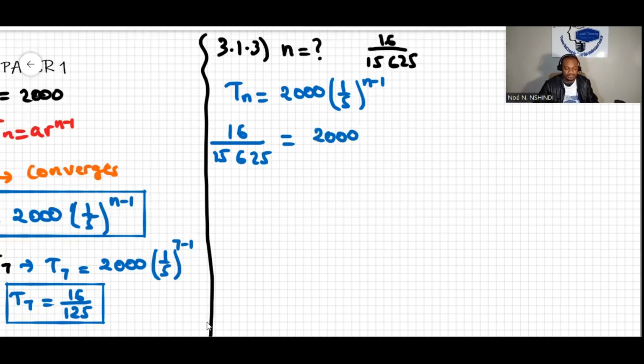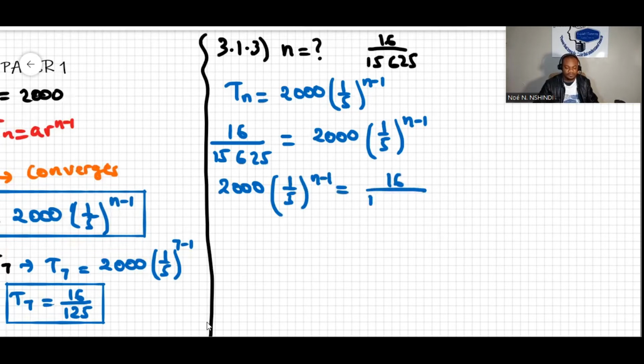In a situation like this, I prefer to keep my unknown on the left. So I will reverse it: 2000 times 1/5 to the n minus 1 equals 16/15,625.